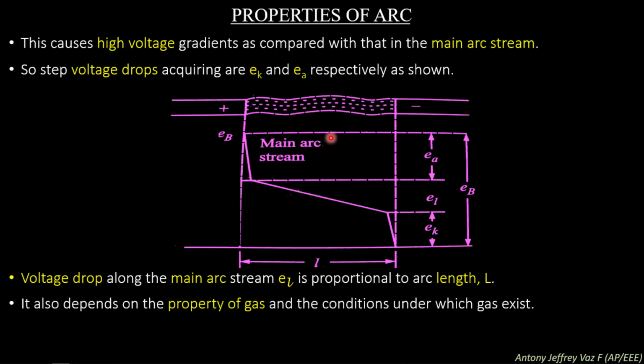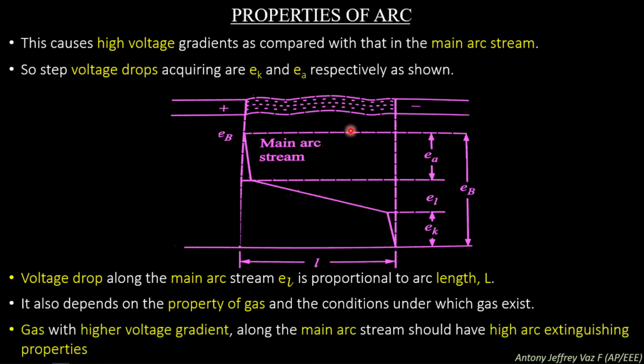This voltage EL also depends on the gas or oil or any dielectric medium present between the two contacts of separation. If there is SF6 gas, the properties will differ. If there is air, then the property will differ. If the dielectric medium is oil, then that property will differ. So the property of the gas decides the voltage EL, and EL is also decided by the length of separation of the contacts in a circuit breaker.